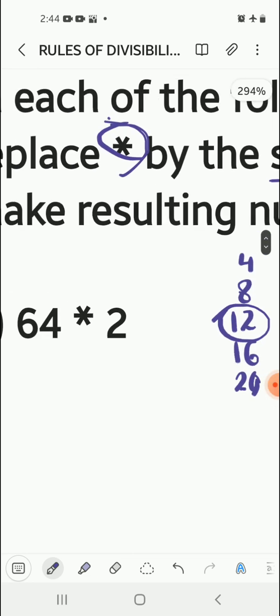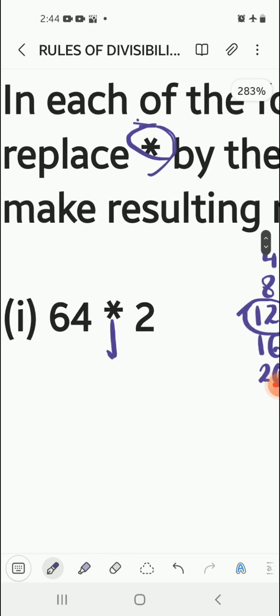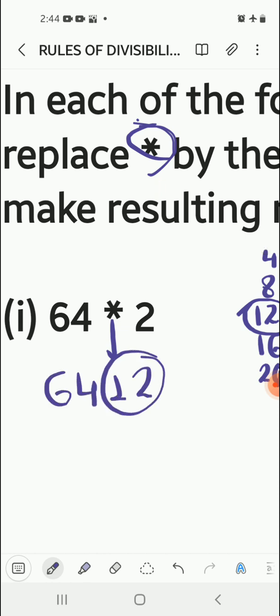So the digit by which the star will be replaced will be 1. The number we get is 6412, where the last two digits are in the table of 4. We find them in the table of 4. Therefore, we can conclude that 6412 will be divisible by 4. We can check the answer.